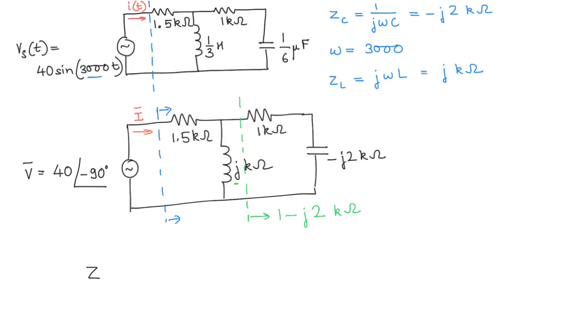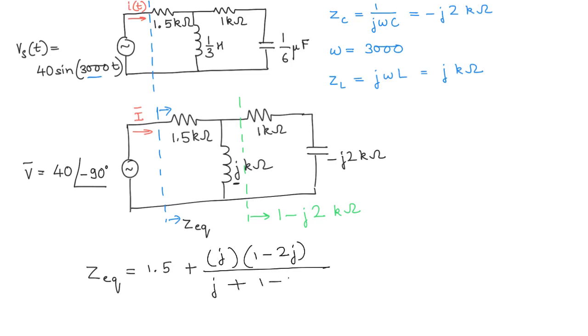So your Z equivalent is equal to 1.5 plus this j kilo ohms in parallel with this total impedance. When you have impedances in parallel, you do j times (1 minus 2j) divided by j plus 1 minus 2j, right?